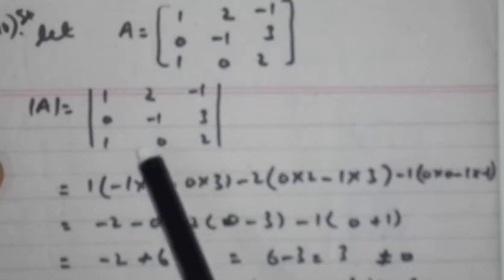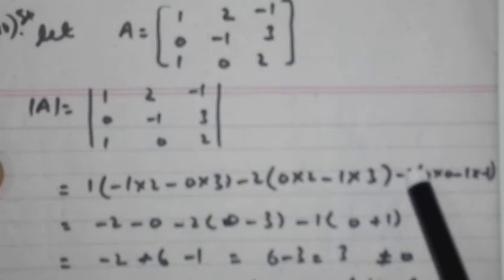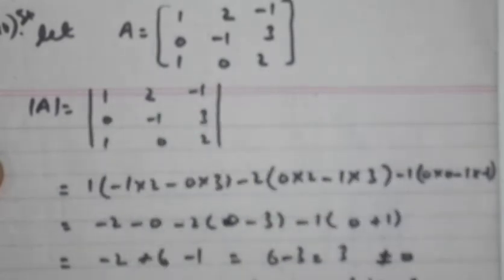Part 4. Let A equal to this. Determinant of A: 1 into (minus 1 into 2 minus 0 into 3) minus 2 (cross this, 0 into 2 minus 1 into 3), and here minus 1 (0 into 0, 1 into minus 1). So here we get minus 1 into 2, we get minus 2, and here 0 into 3, we get 0.